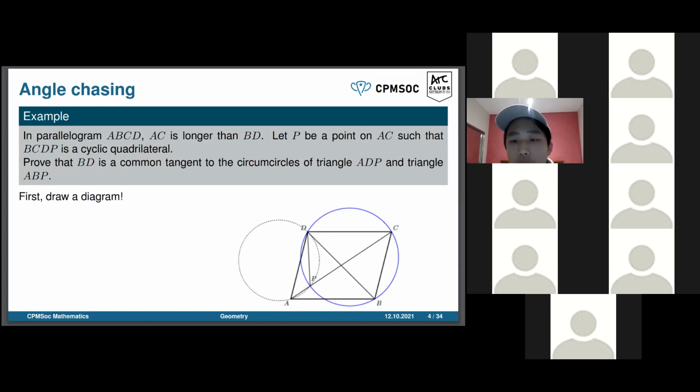So we want to prove that BD is a tangent to this circle from the triangle ADP. Does anyone have any ideas of how you can do that, probably using the alternate segment theorem?